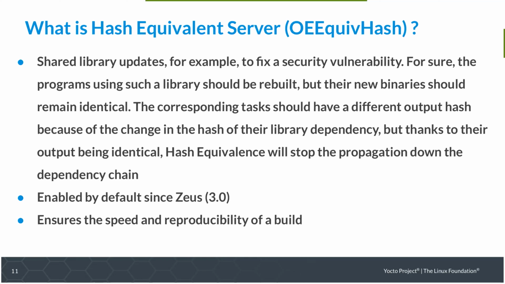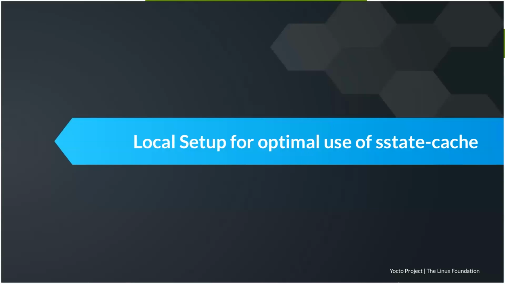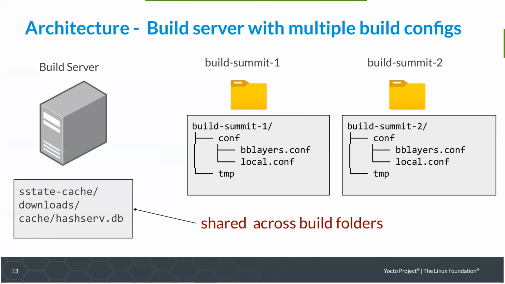So keeping that in mind, let's go to some practical uses here. First, I want to talk about the local setup using an sstate-cache. A very trivial one. So we have a build server, and let's say that this machine has enough resources, enough cores, multiple cores, multiple threads, lots of RAM and storage.